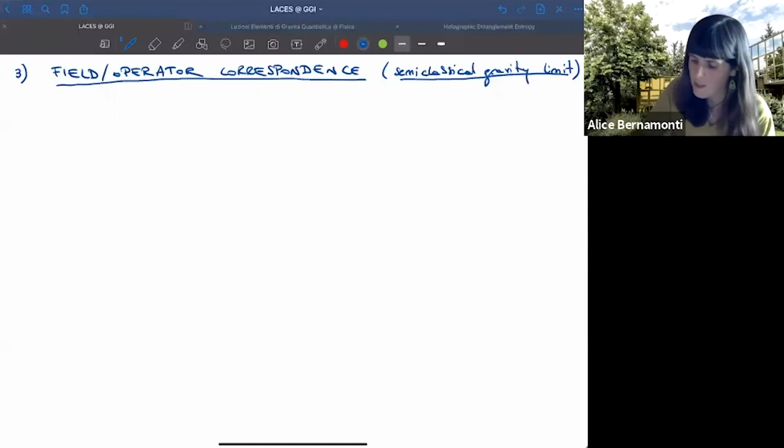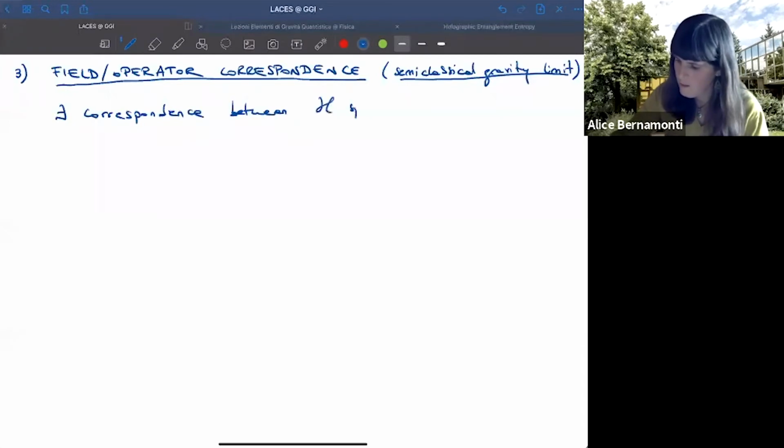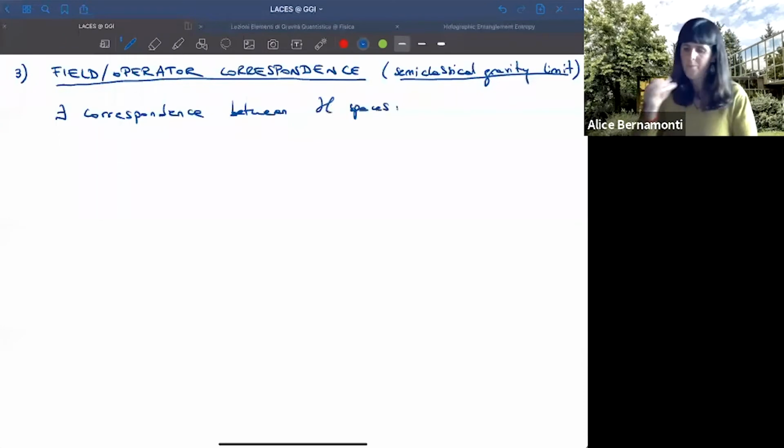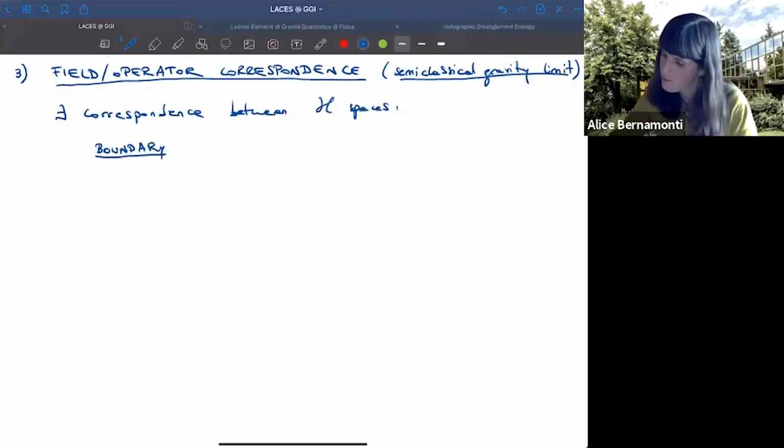So this is an equivalence between two theories. Clearly there must exist a correspondence between Hilbert spaces. Let me write schematically what we expect on the boundary and from the bulk AdS theory.